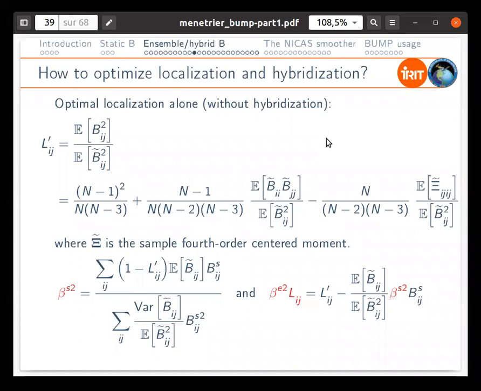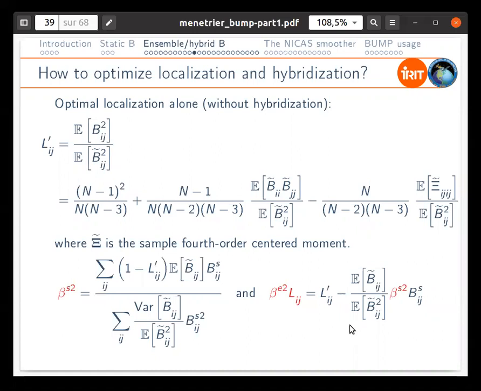And now if we use a hybridization, we also need to compute the two weights on the static and on the ensemble contributions. On the bottom left, you can see the formula for the static weight, and on the bottom right, the formula for the ensemble weight.